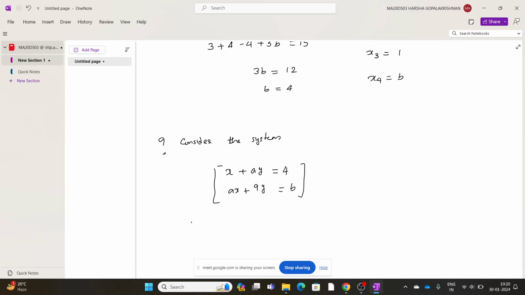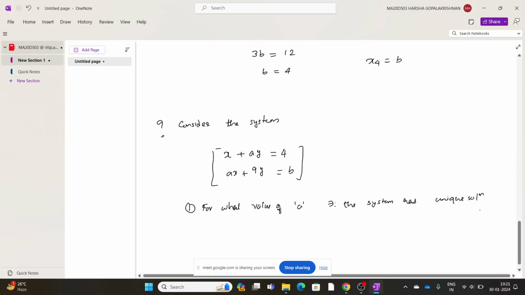So we will see what the questions are here. Question: for what value of a, we need to determine such that the system has a unique solution. So this is the first question.